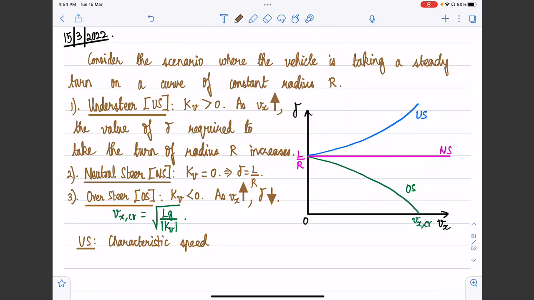So what does it mean? If we look at the 0 intercept of this curve, it's L by R. So the characteristic speed is the speed at which the steering angle becomes 2L by R, at which delta is equal to twice the y-intercept, which is L by R.